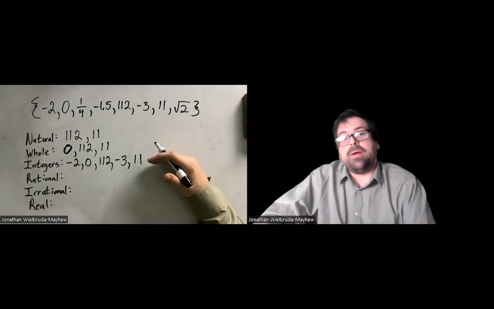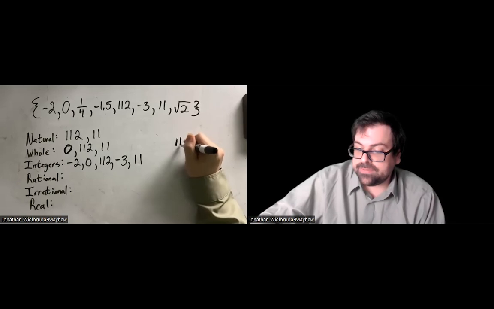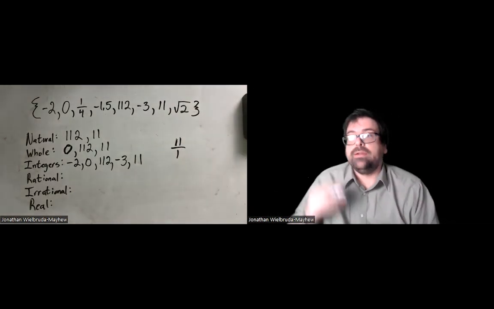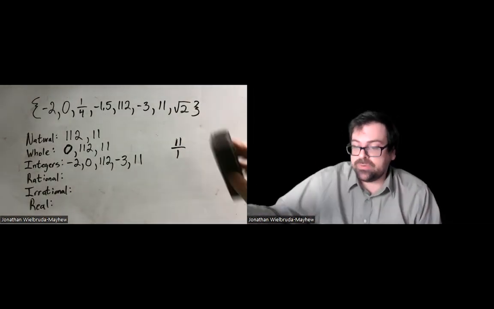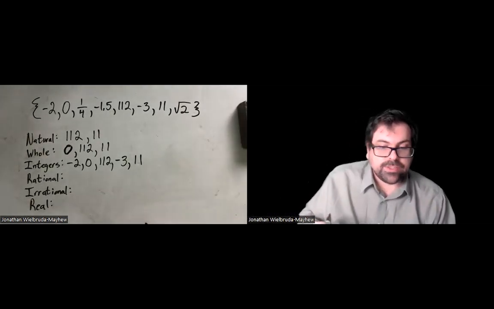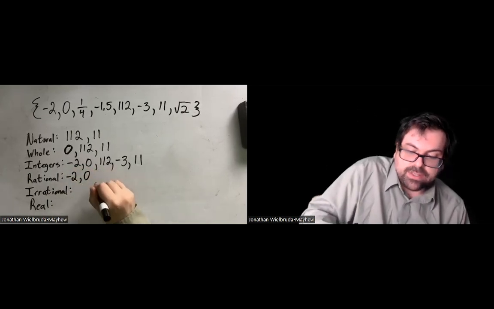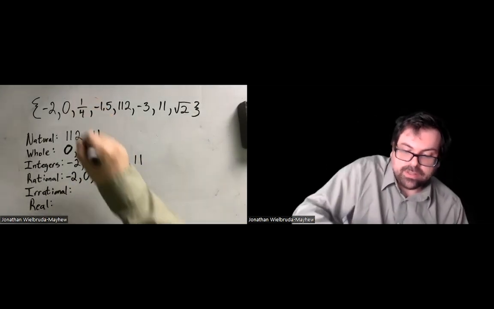All integers, remember, are also rational numbers. We can just write it as, for example, 11 over 1. And we've written 11 as a fraction, which means it's a rational number. So our rational numbers, -2 still, 0 still.